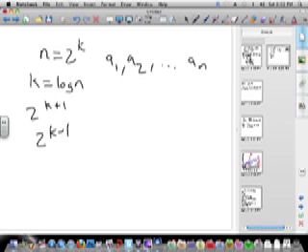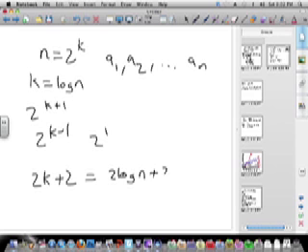So far, 2 comparisons have been used. The procedure is continued until there are 2 to the power of 1 elements. And finally, when there's one term left in the list, one comparison tells us that there are no additional terms left, and one more tells us if this term is x. So totally, we have 2 times k plus 2 comparisons, which equals 2 times log of n plus 2 comparisons required to perform a binary search when the list being searched has 2 to the power of k elements.